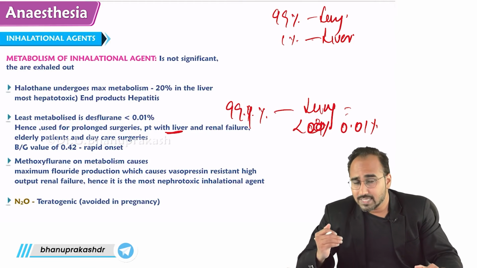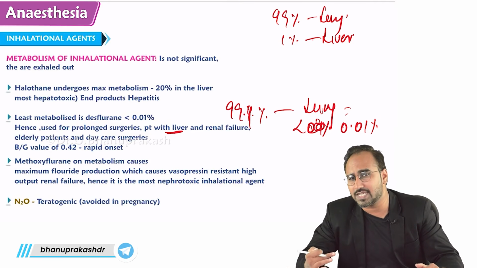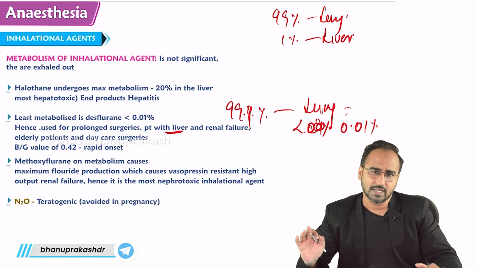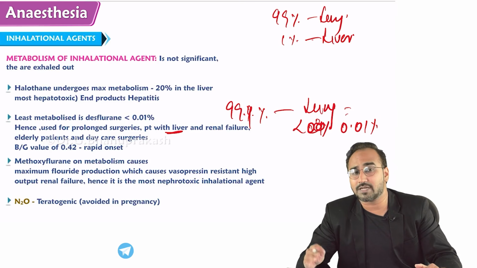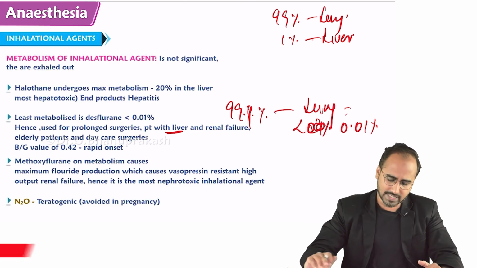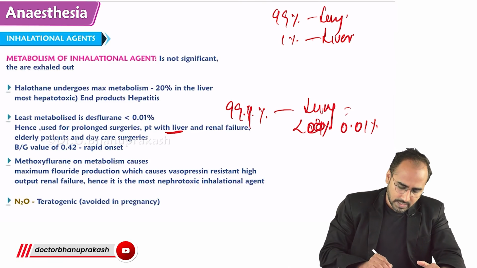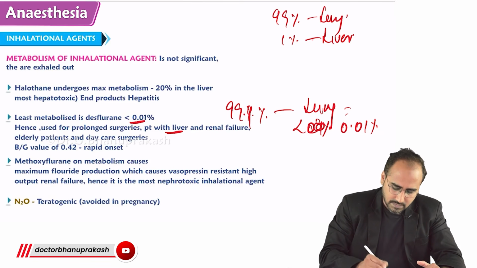Why? Because for inhalational agents, 99% of metabolism as well as excretion is occurring in the lungs only. For Desflurane also, metabolism and excretion is 99.9% in the lungs only. It does not depend on the liver. So remember, guys, the least metabolized inhalational agent is Desflurane.